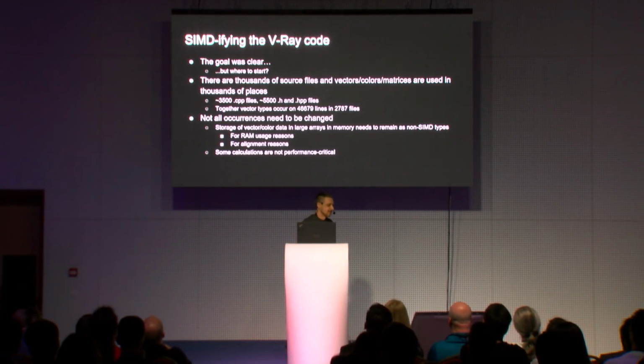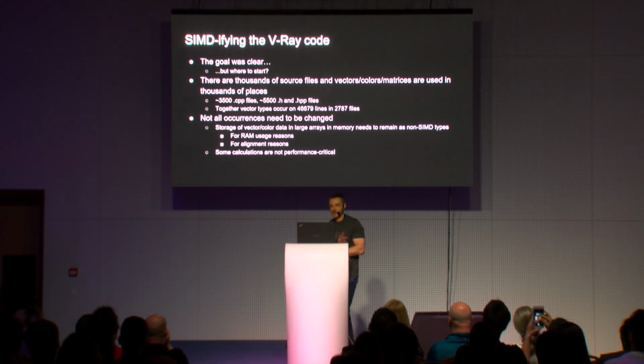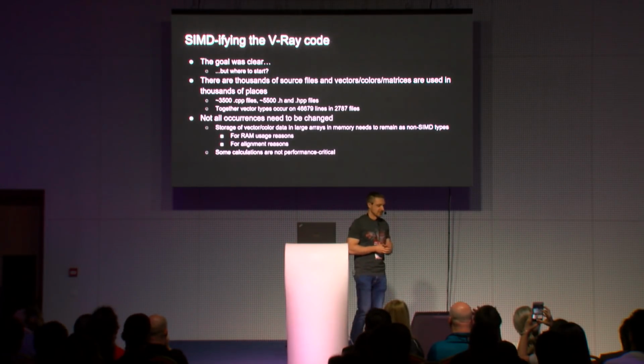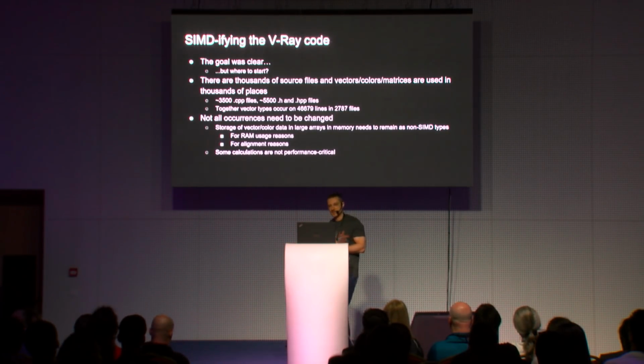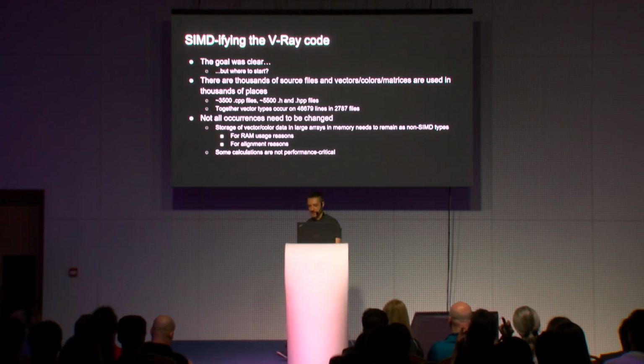And on top of that, it's not like a simple find and replace operation. You can't really just turn everything into SIMD structures because they are a little bit larger. Every SIMD vector requires 16 bytes, whereas if it's just regular 3 components, it will be 12 bytes. It's not a big difference, but if you have large arrays of colors or vectors, it does make a difference.